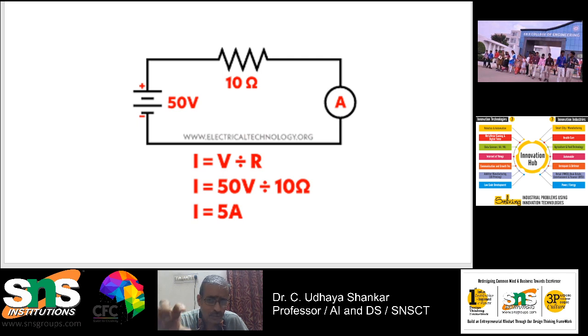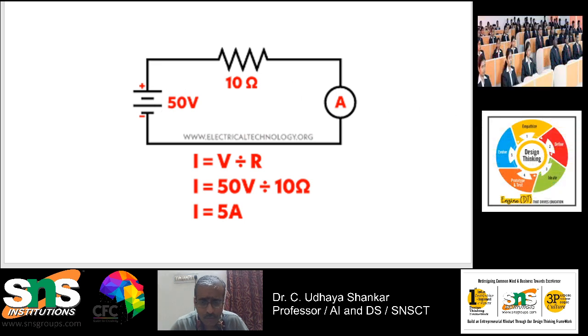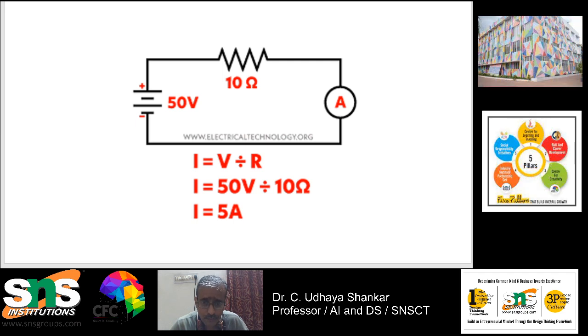Okay. So this is one of the most important formulas, and this type of problem has been asked in many GATE question papers. So very simple to solve. They will give you the value of voltage and resistance so that you can find the current.